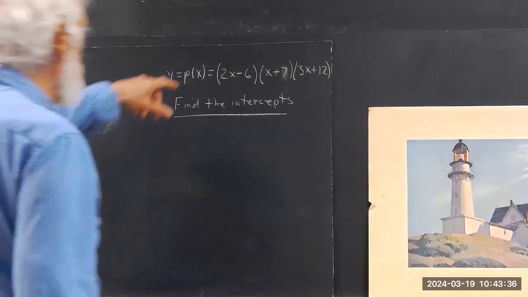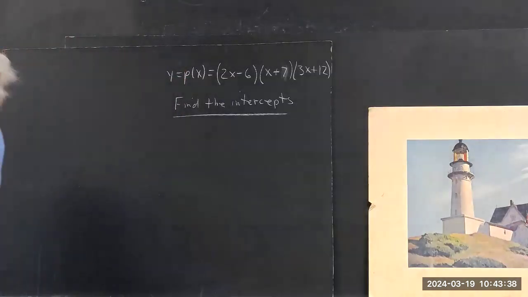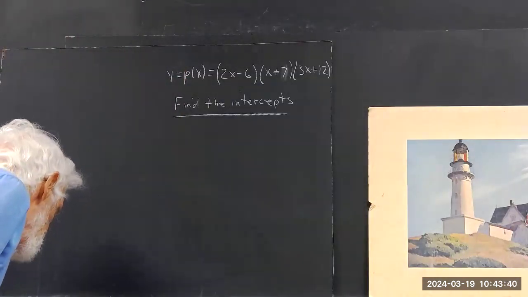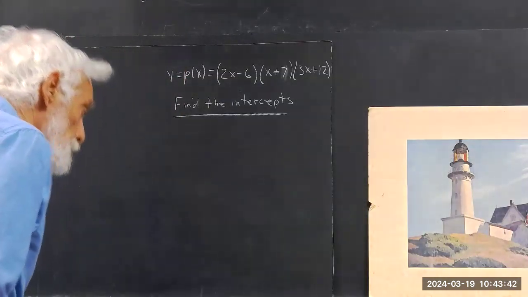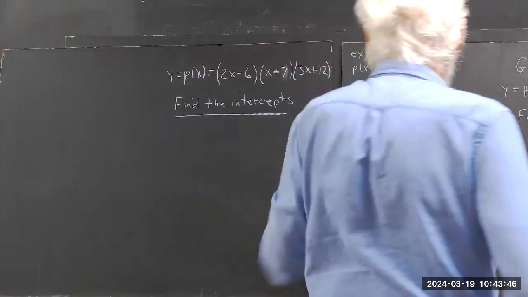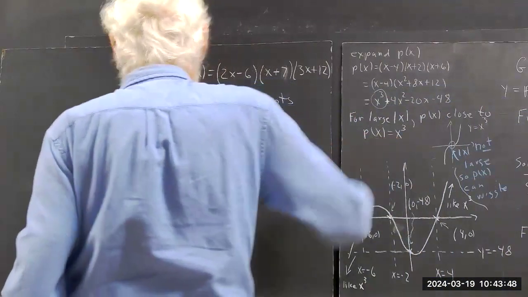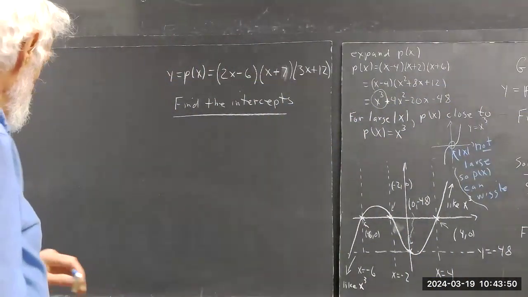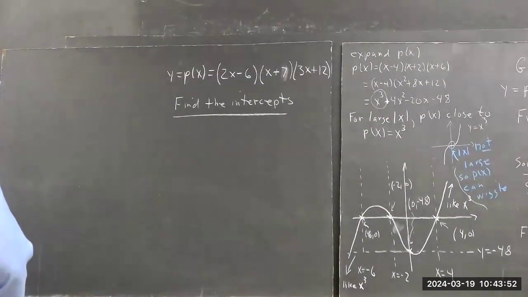Okay, so here's an example of a polynomial function in factored form. We want to find the intercepts. So leave the previous example up here. Might be helpful to you. See what you can do.